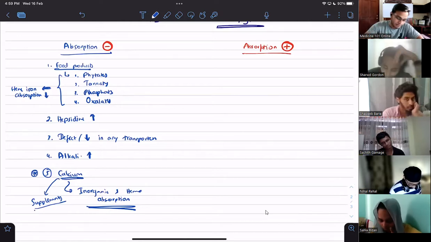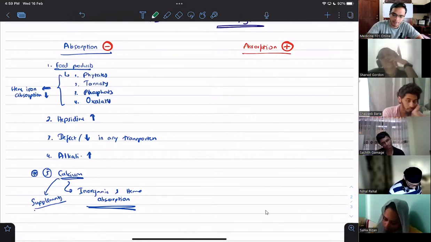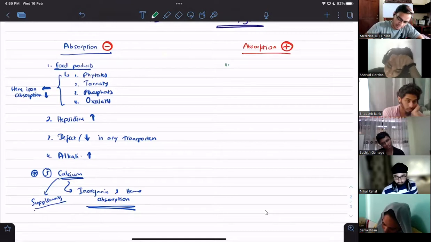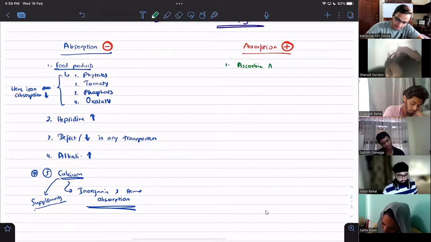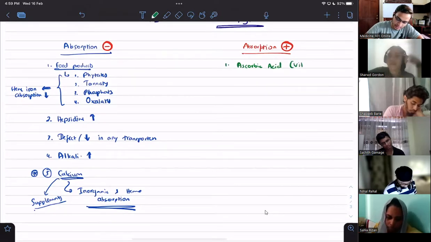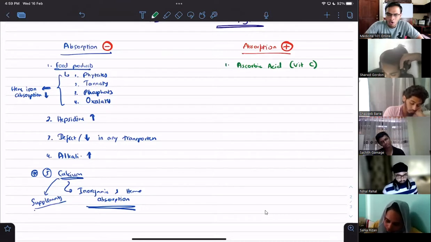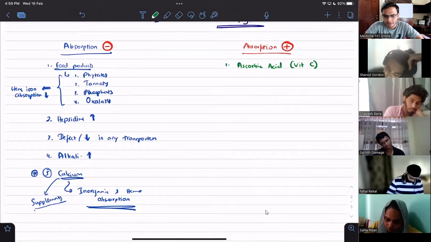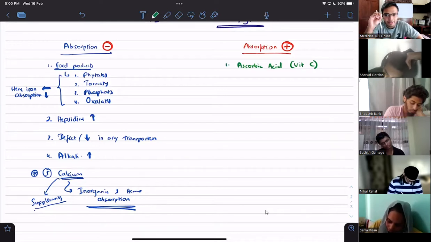Substances or influences that promote absorption. What are we talking about here? First, food products: acids, especially ascorbic acid. What is ascorbic acid? Vitamin C. How this helps in absorption is not necessary to know, but basically it forms a chelate with Fe3+, and that chelate is very soluble.